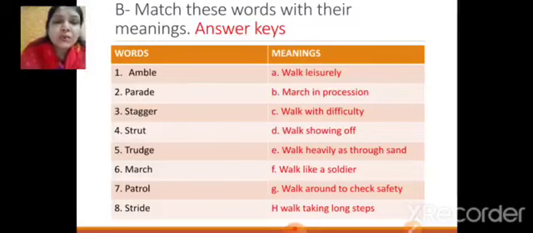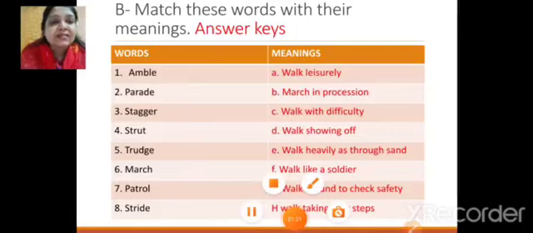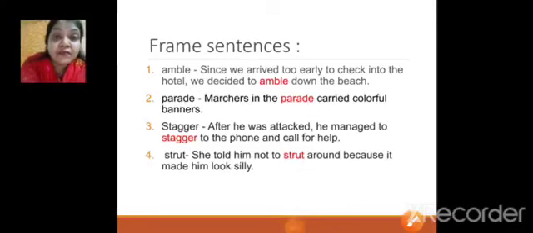Now let us quickly frame sentences for a few of the words, and the remaining ones you are going to do as a home assignment. Alright, so come on, quickly let's start framing the sentence. So now children, now we will frame the sentences. The first 4 sentences are framed by the teacher. What you are going to do is frame the remaining ones on your own, right?